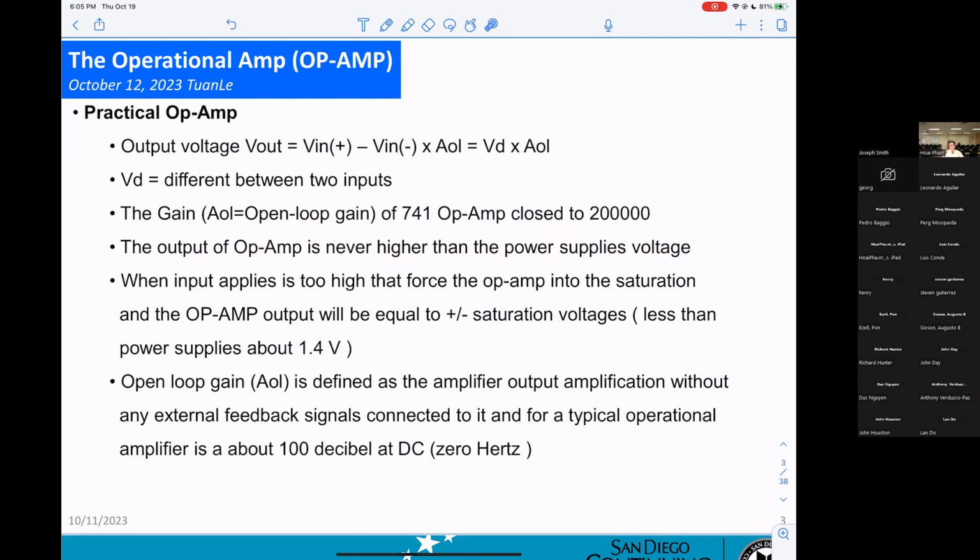That means if you're using plus or minus 15 volts, the output of the op-amp cannot be higher than plus 15 or less than minus 15 volts. So that's safe for you to work on, even though the open loop gain is 200,000.